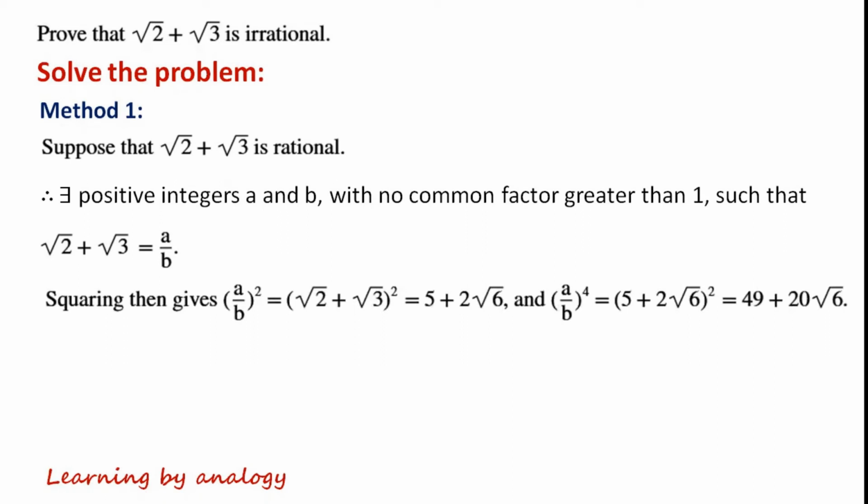By squaring both sides of the equation, we have a over b, all squared, equals root 2 plus root 3, all squared, equals 5 plus 2 root 6, and a over b, all to the power of 4, equals 5 plus 2 root 6, all squared, which is equal to 49 plus 20 root 6.